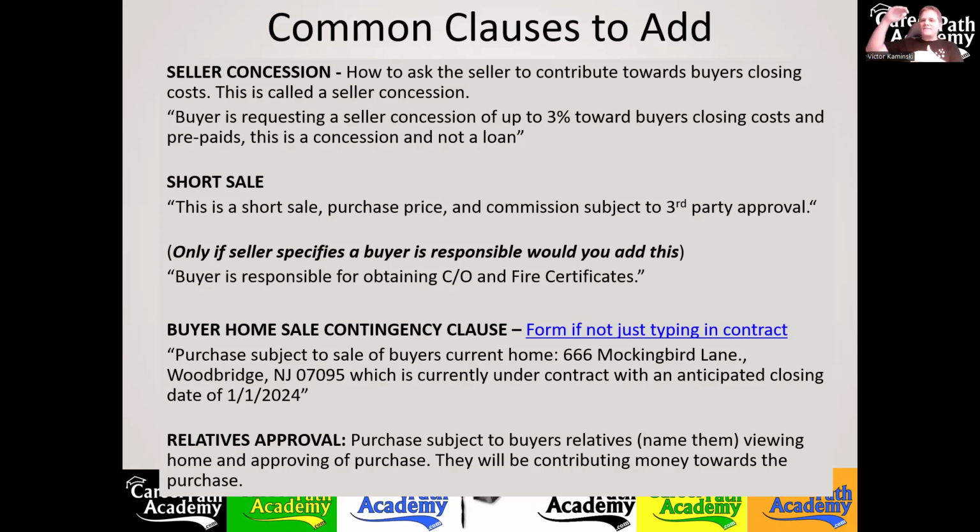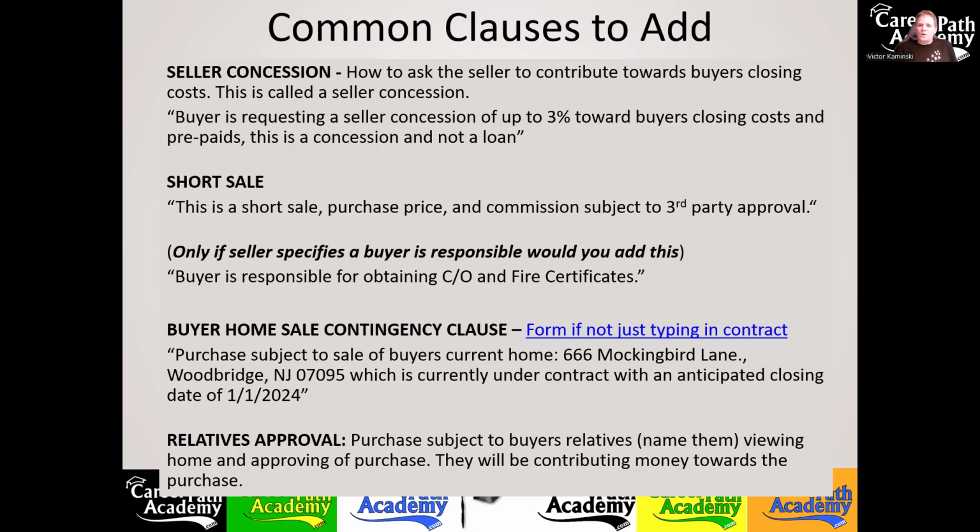I used to have a short sale addendum that I added to contracts that was a full legal size page of all kinds of things, because I used to do a lot of short sales, and I came across so many crazy issues. So I put together an entire addendum, an additional document that gets added to the contract if it's a short sale.